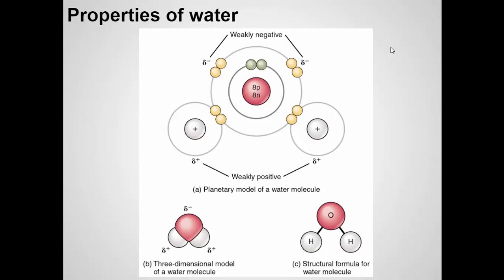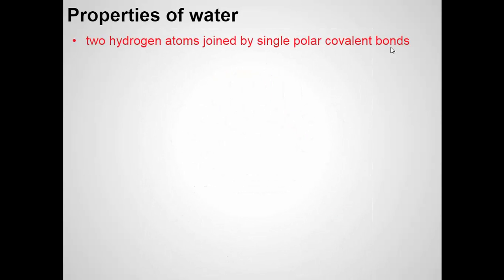If you look at how the electrons are shared between the hydrogen and the oxygen, the electrons are more concentrated, have a higher density on the oxygen, giving this a negative charge, and then a positive charge at the 2 hydrogens. So that property, where part of the molecule is positive and part is negative, gives water some of its unique properties.